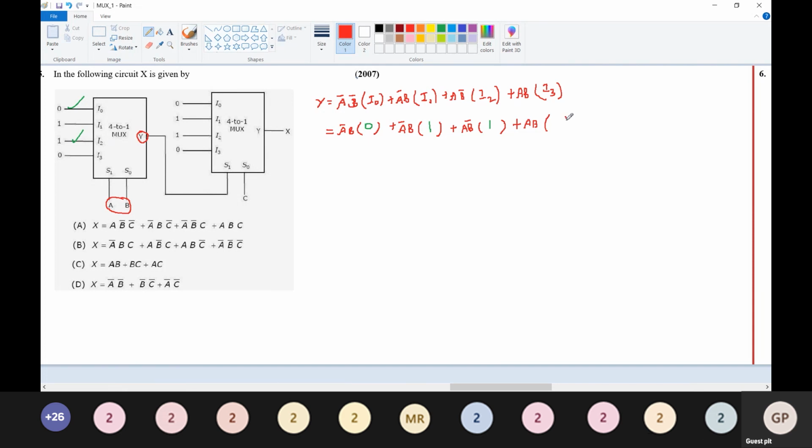It's going to be 0. So now the 0 terms go away, which is nothing but A dash B plus AB dash. This is the expression for the first mux, which I'm going to write as A XOR B.